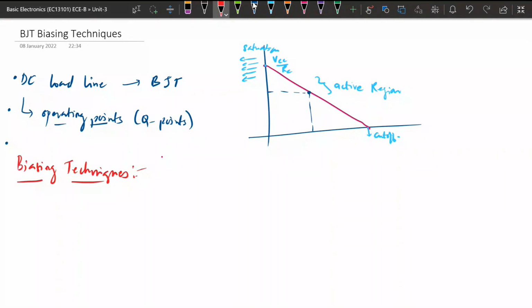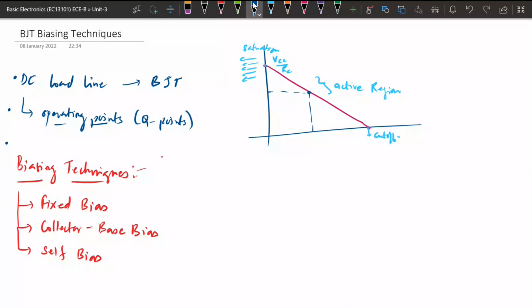There are different biasing techniques, but we will be seeing a few. The first one that we will be seeing is fixed bias. Second is collector to base bias, and the third one is self bias.